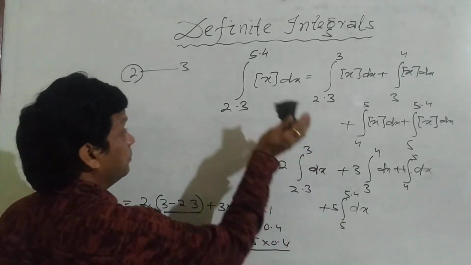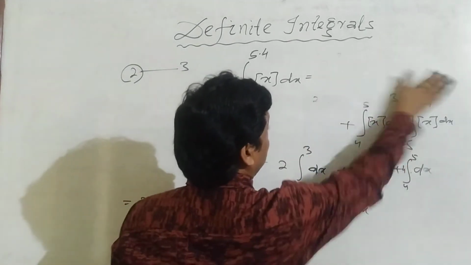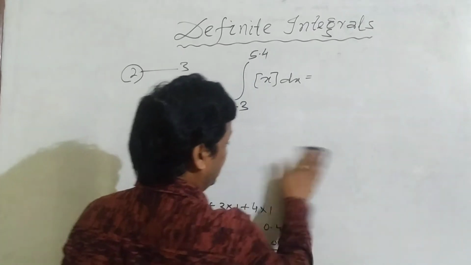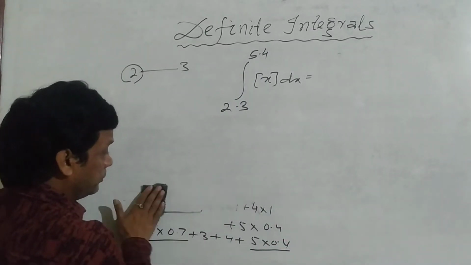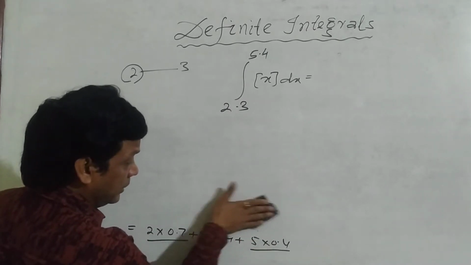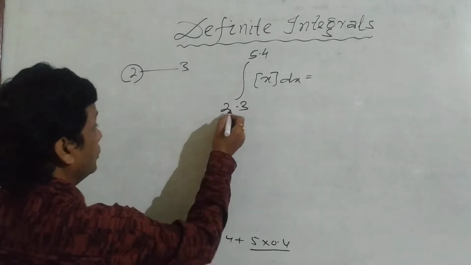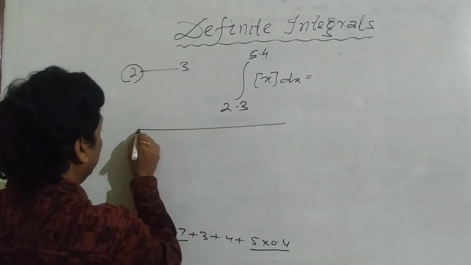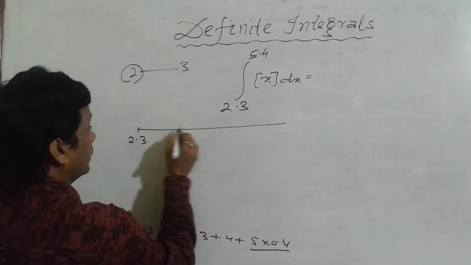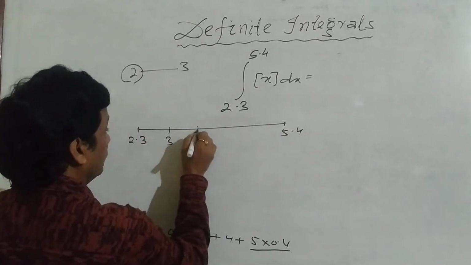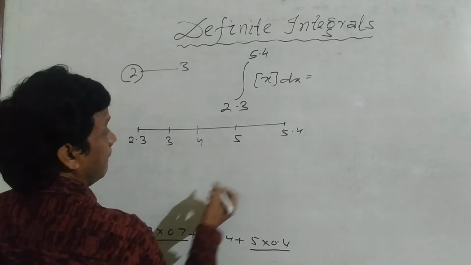And don't see these things. See here. What is the trick I am telling you? If you do in usual process, they then tell you the last answer. See here. I am starting with 2.3 to 5.4. 3, 4, 5.